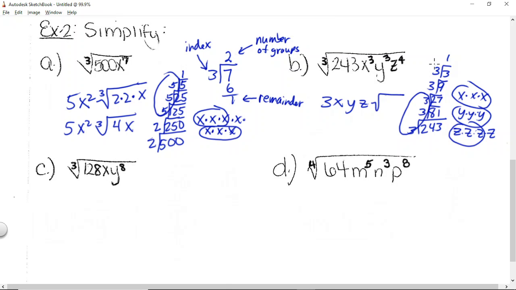Well, we still have these two 3's left over, so that's inside. Let's just go ahead and multiply that. That's 9, right? We know we have 3 times 3 inside. We know that's 9. So we'll just write it down. And then we also have this other leftover z. So that's it.